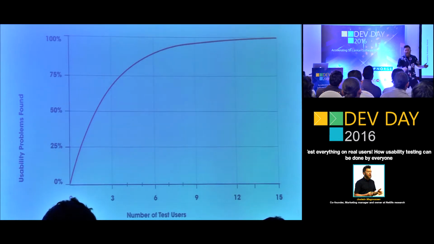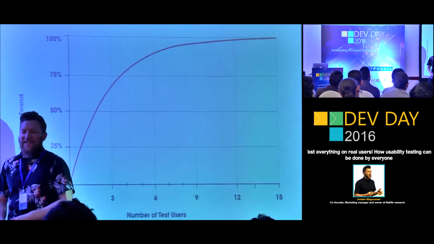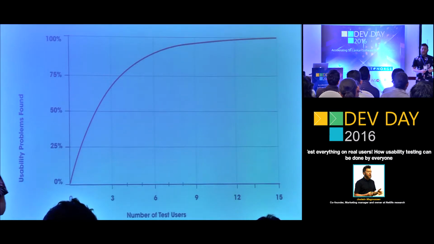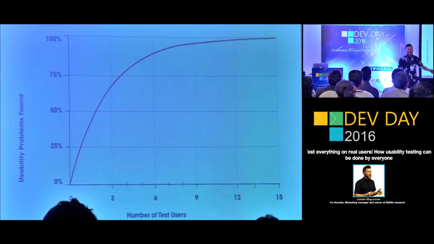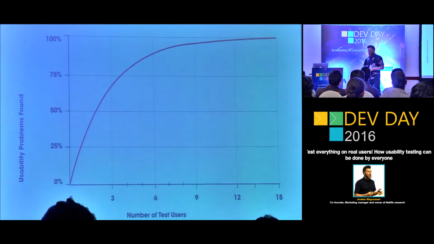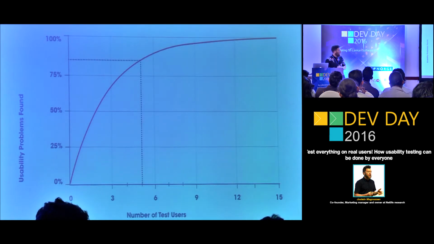identified. So what he did was actually just to test on more and more persons and see, do I really learn something new from the 50th test person or the 70th test person? And he found out that if you're not Microsoft or if you don't have $1 million to do the usability testing, you could do it on 5 to 8 persons, and you would get really good results.